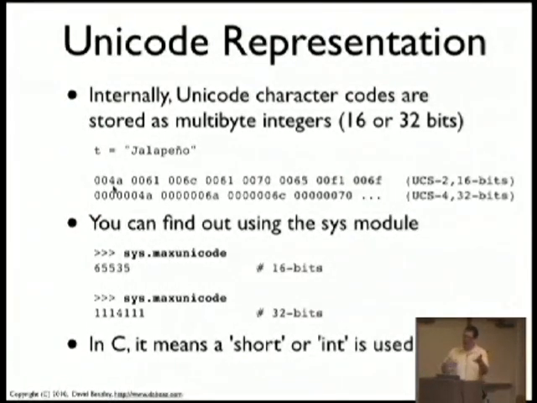If you configure and build Python from source, there's a configure option, I think it's --with-wide-unicode or something, that you turn on. You can determine this if you import the sys module and check the variable maxunicode. It will tell you what the maximum Unicode character value is, depending on how it's been compiled. If you come from C programming, all this really means is that characters are either stored as a short, a 16-bit int, or an int, a 32-bit. That's all that's going on there.